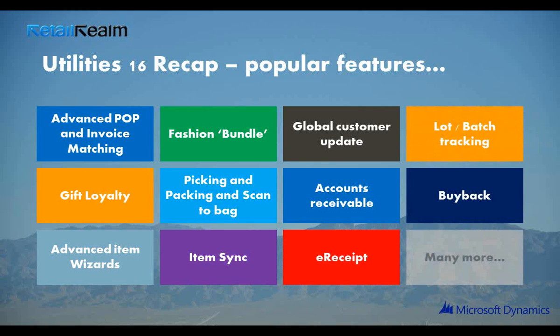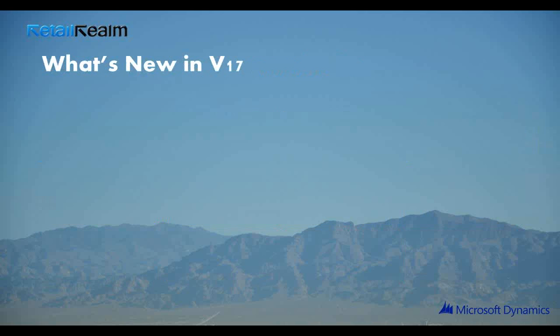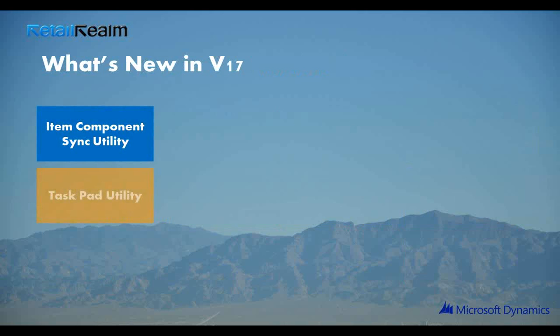So a few more. We don't have too much time to spend on it. Really going to be looking at what's new. We have 3 core features which I'll go into in a second. The item component utility, for anybody that didn't see it last week, is a great tool for any retailer that uses kits and assemblies, again filling in some of the defects in the core product.